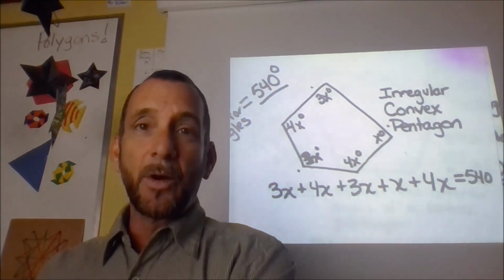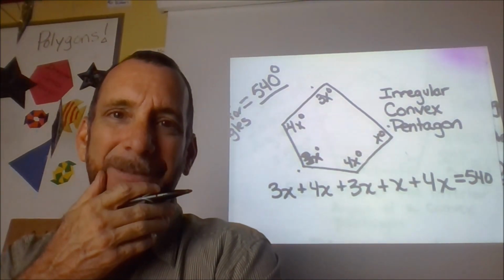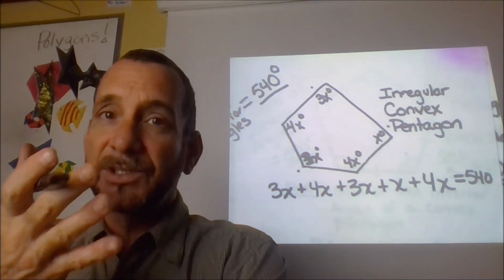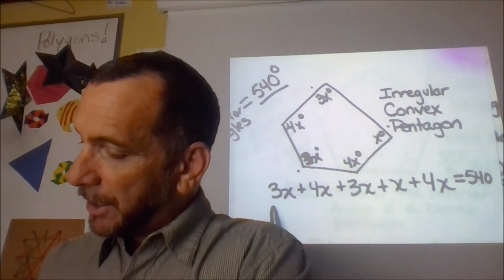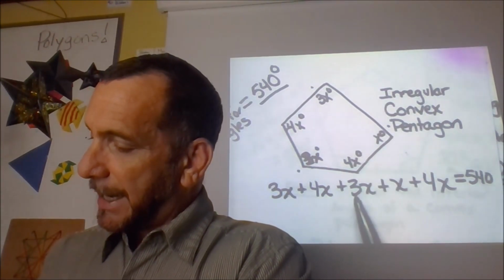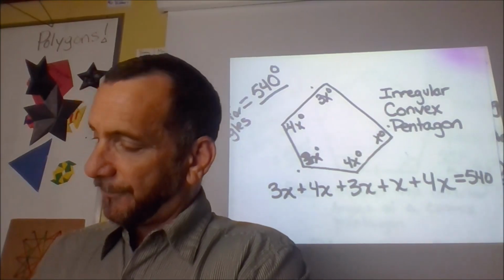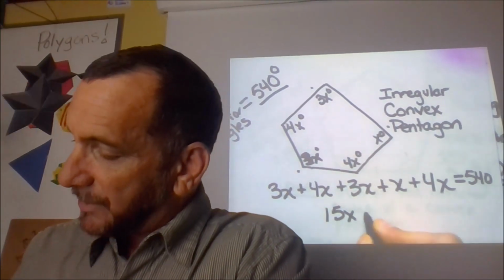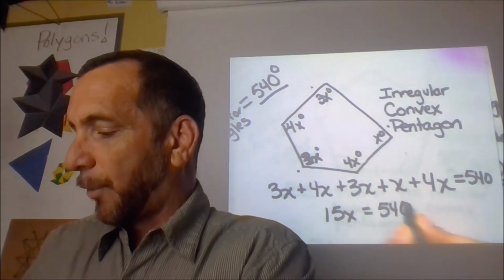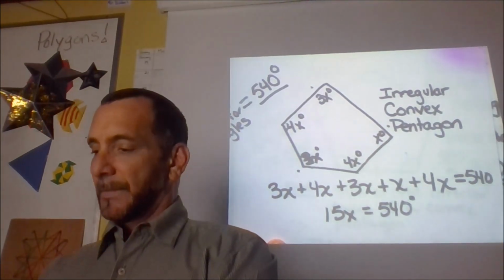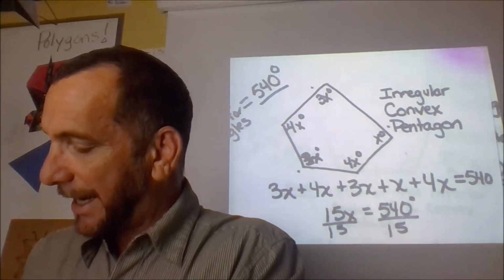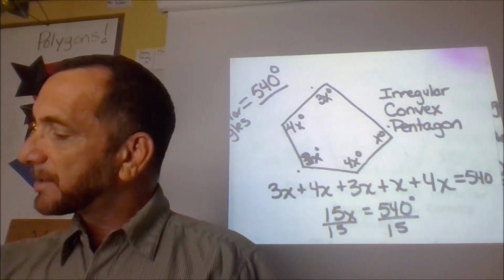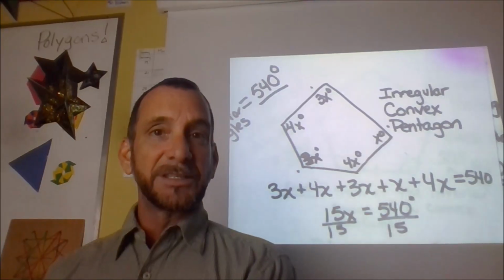540. Now all we do is the algebra and the math. Combine like terms, solve for x, and make sure you plug it in. So here we go. 7, 10, 11, 15. 15x equals 540 degrees. Now all we do is divide by 15, and we get x equals, what is 540 divided by 15?